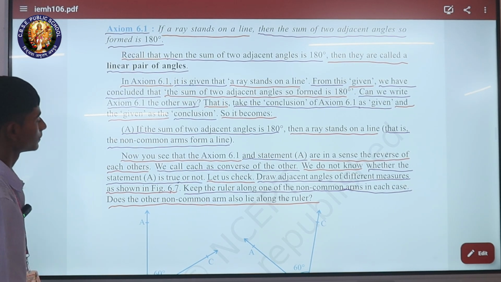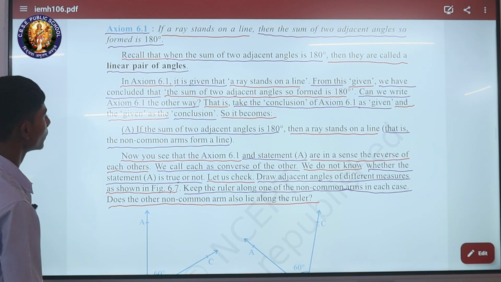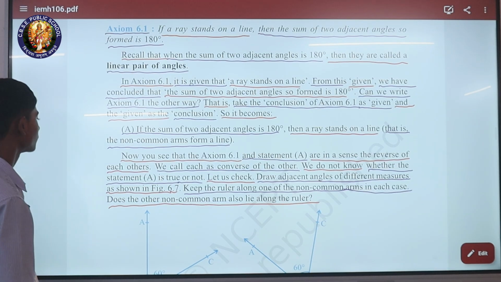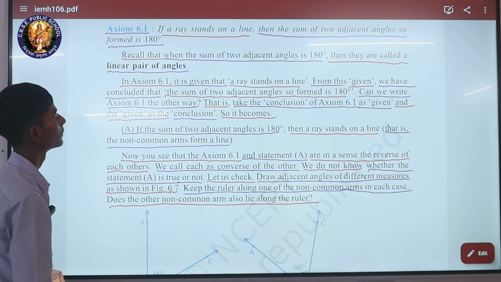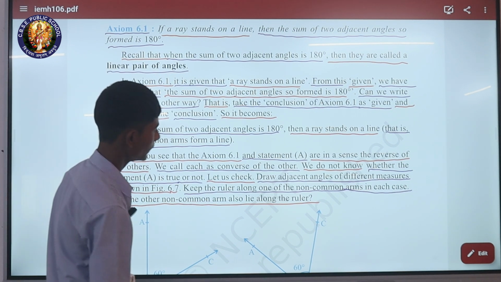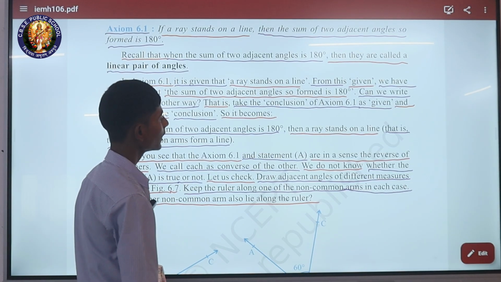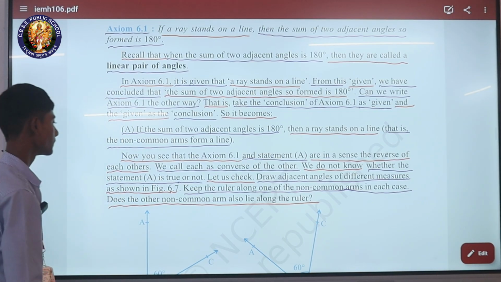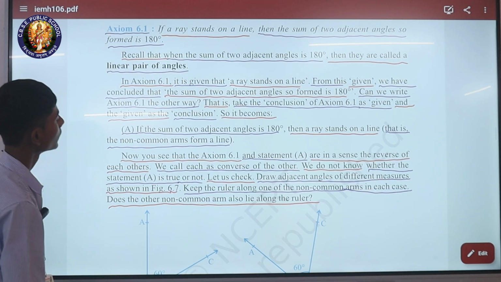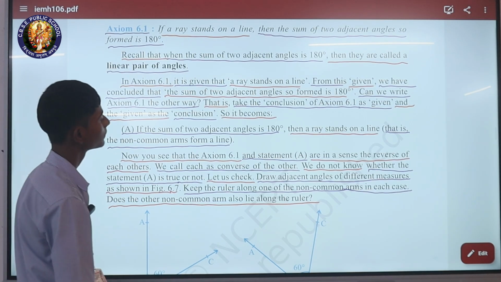That is, the non-common arms form a line. Call this statement A. Now you see that Axiom 6.1 and statement A are, in a sense, the reverse of each other. We call each the converse of the other.